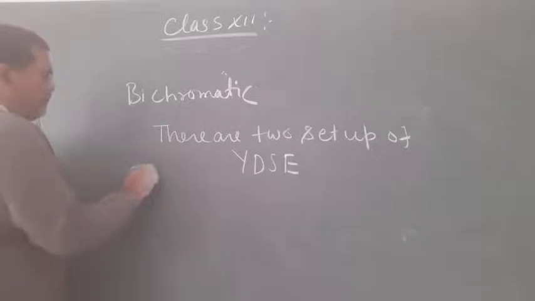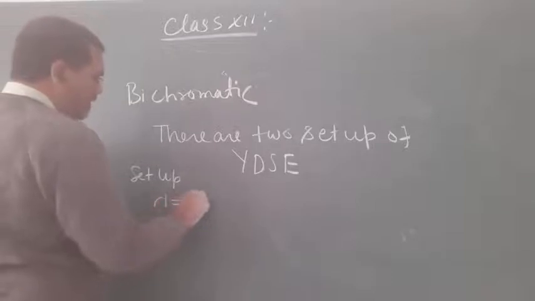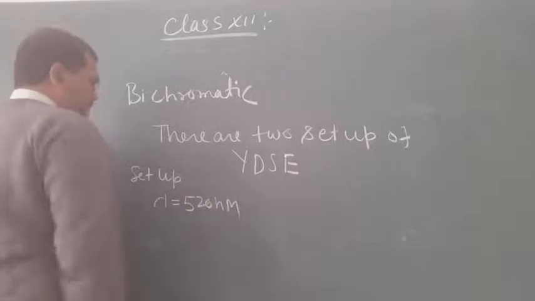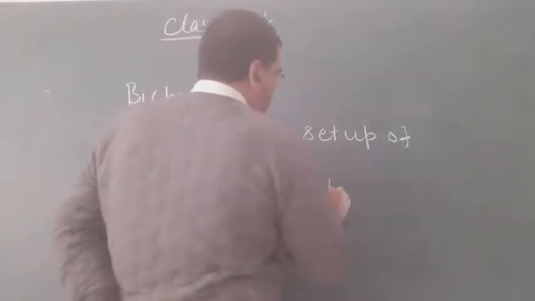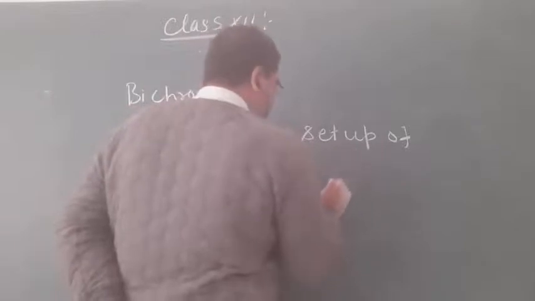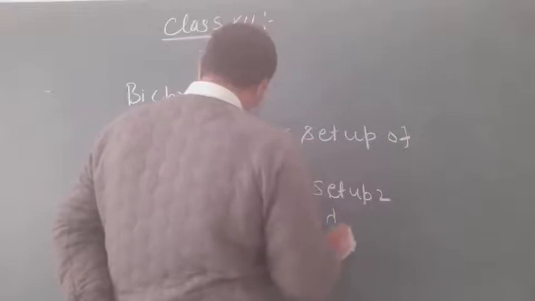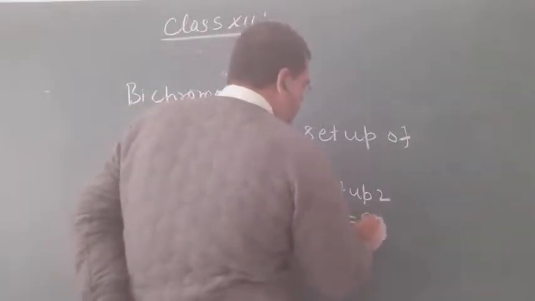So in setup 1, the wavelength is given 520 nanometer, and in setup 2, the wavelength is, you can say, 650 nanometer.